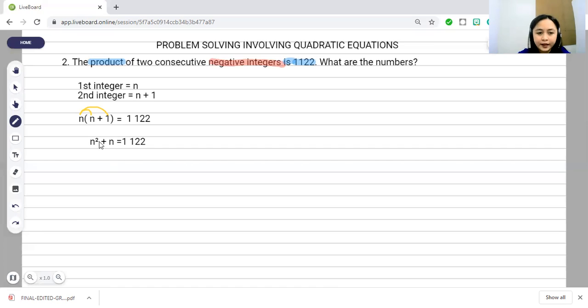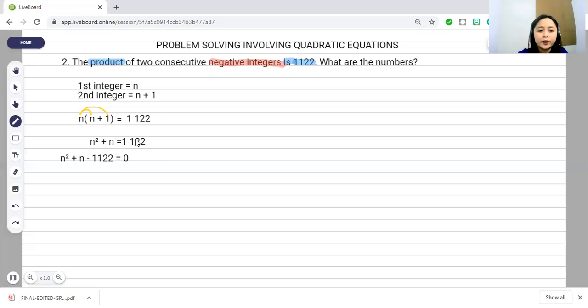Now it's really obvious that this is a quadratic equation because the highest degree that we can get from this equation is 2. Now we have to decide how to solve this quadratic equation. What we're going to do first is to change this into its general form. So you get n squared plus n, which will be just copied, and 1122 will be subtracted from both sides.